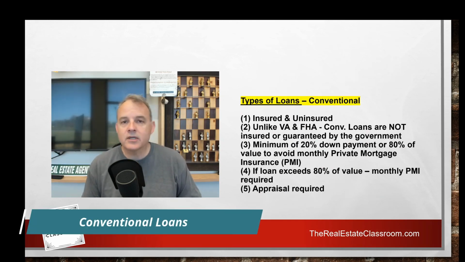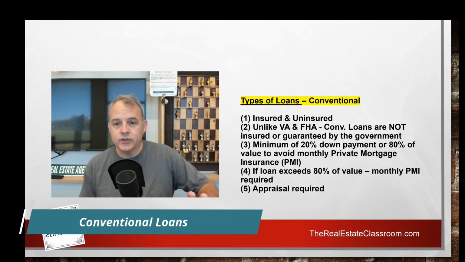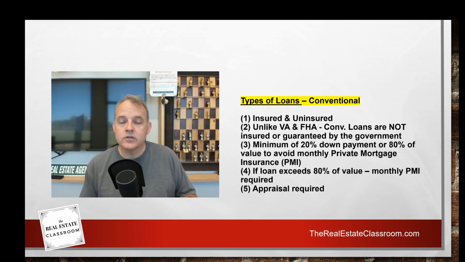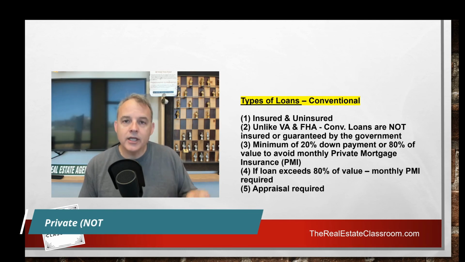Now, there's 2 types of conventional loans. There's insured and uninsured. So unlike VA loans and FHA loans, conventional loans are not backed up or guaranteed or insured by the government at all. So if the borrower does not have 20% down payment, meaning that the lender is going to lend up to 80% of the value, then the borrower is going to have to get what's called private mortgage insurance.